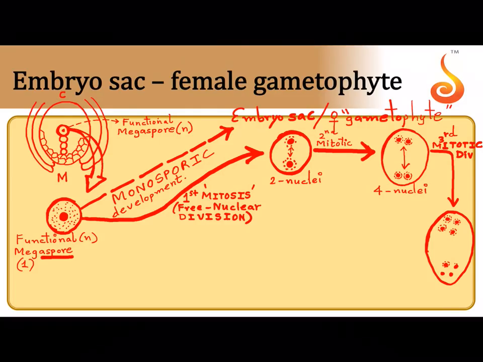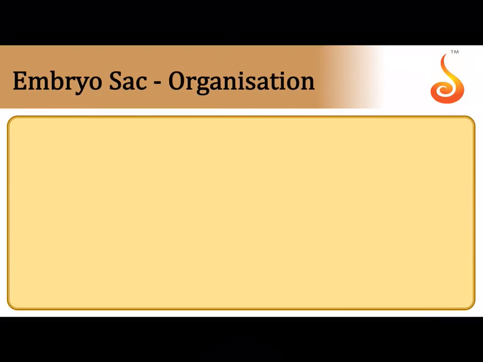So it's as if a single cell has become massive and now it has 8 nuclei in it. Let me call this the 8 nuclei or 8 nucleate stage. See how the cell is dividing, but not by traditional conventional mitosis. This is a mitosis where only karyokinesis, free nuclear division, happens.